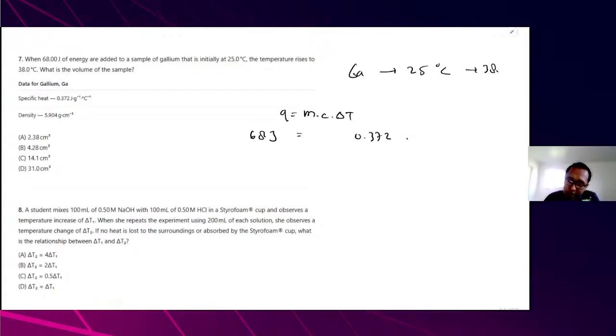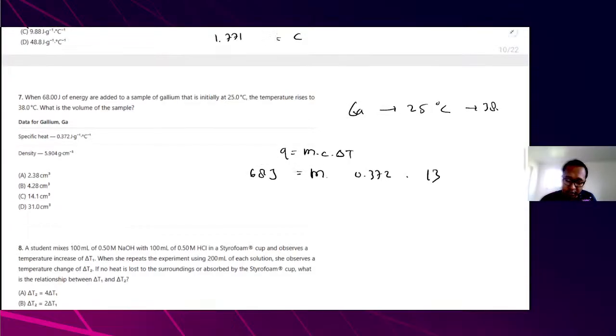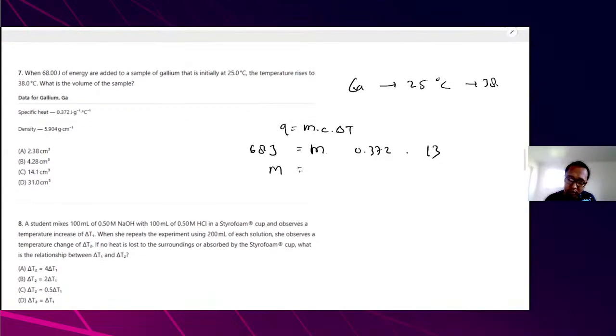The delta T is 38 minus 25, so it will be 13. How about the mass over here? When we get the mass, we will get the answer. So 68 divided by 0.372 divided by 13.